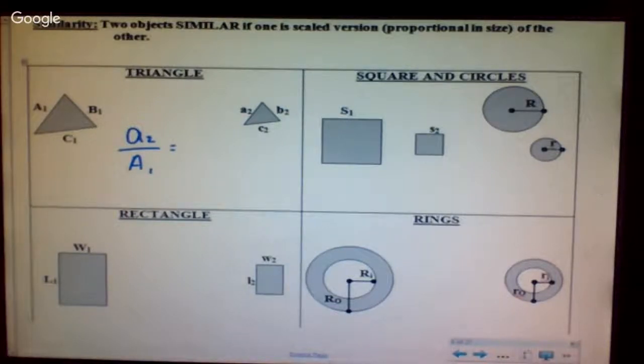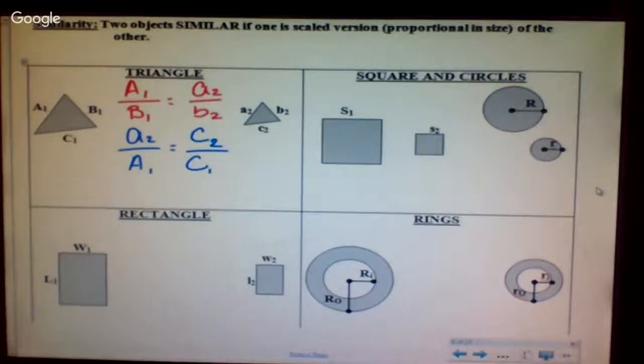So it has to be from the smaller figure on the top, from the larger figure on the bottom. Or another way you can do it, if you do side A from the first figure over side B from the first figure, you need to do A on top and B on bottom from the second figure. You need to make sure that the sides that correspond match up as you set up your proportions.